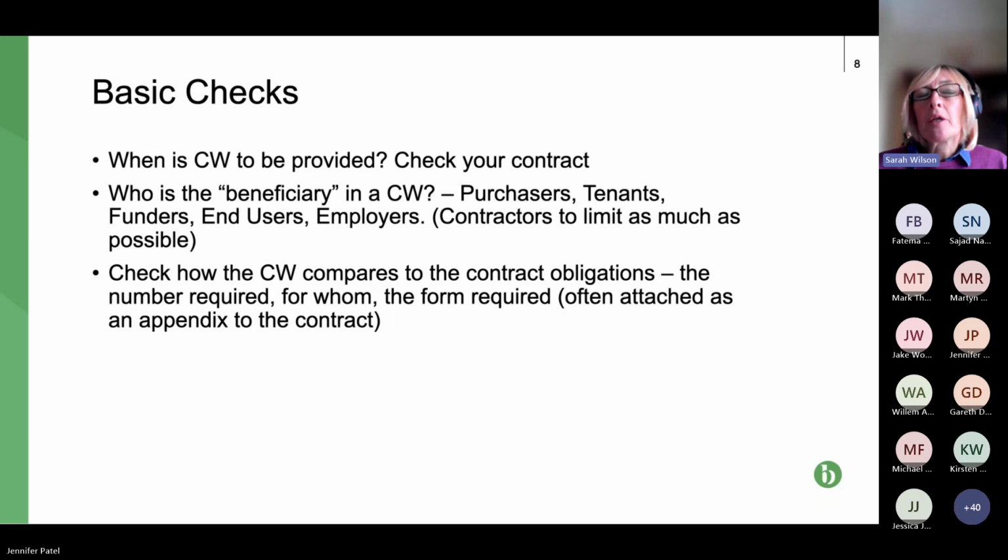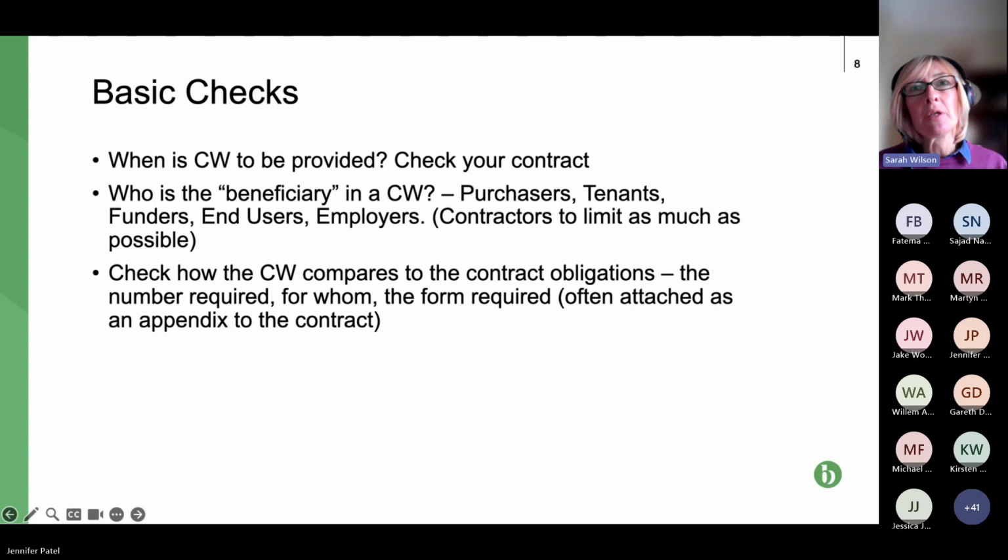When you are reviewing your contract, what you need to be looking at in the collateral warranty is how do the obligations in the collateral warranty compare to the contract obligations? Because what you do not want is a mismatch, and what you definitely do not want is to find that you carefully negotiate the contract itself, but then the collateral warranty has greater obligations than the main contract, because that means you've given greater obligations than you've carefully negotiated to these third parties, which it's not logical, it wouldn't make sense.